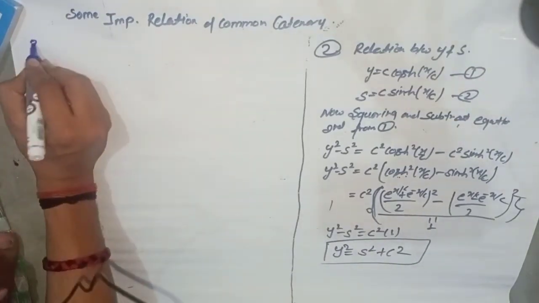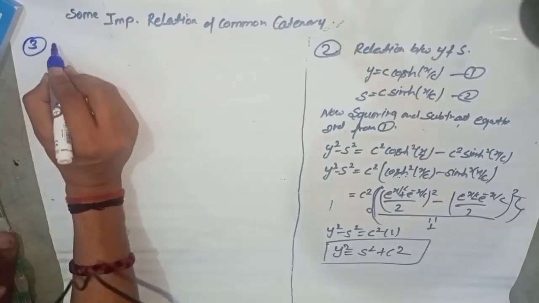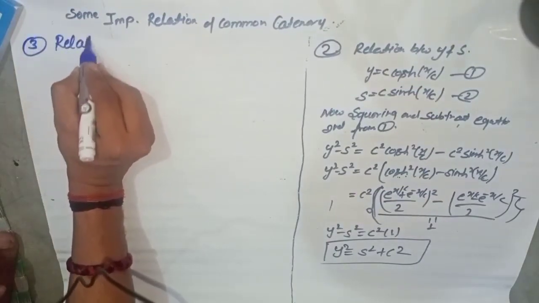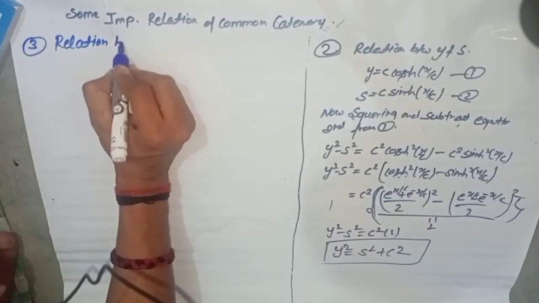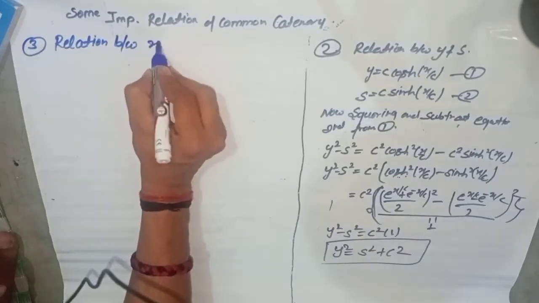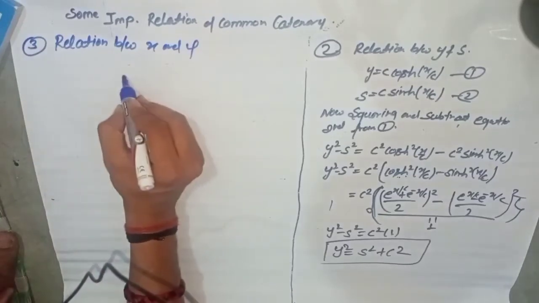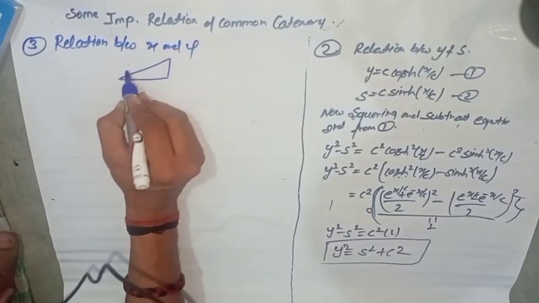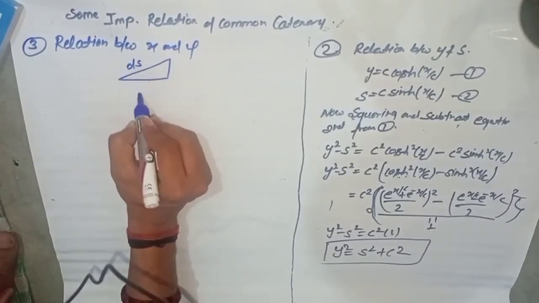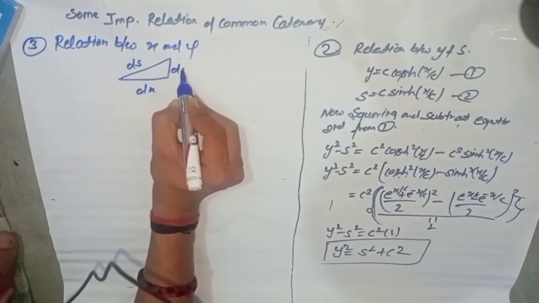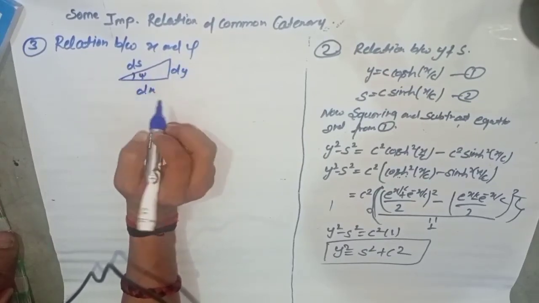Now the third relation is a relation between x and the angle psi. For any curve, let these be ds, dx and dy. This is the angle psi.